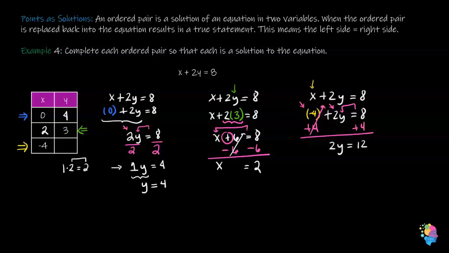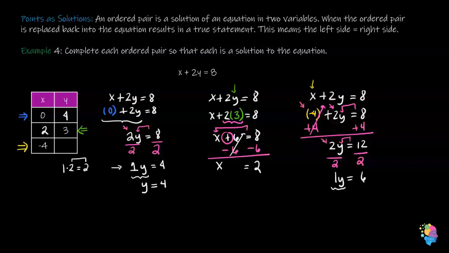Now, I'm not done because my y that is on the left is still being multiplied by 2. The opposite of multiplication is division, so I'm going to divide both sides of the equal sign by 2. Now, 2 divided by 2 will be 1y, and on the right side 12 divided by 2 will be 6.